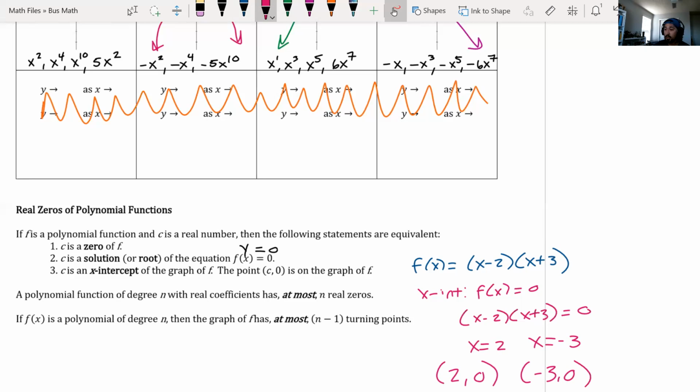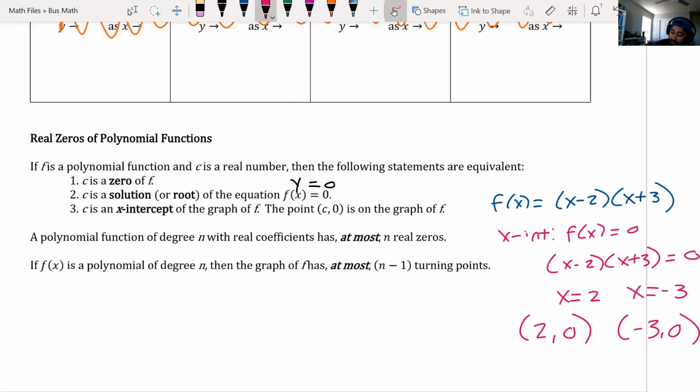Okay. And now the next definition says a polynomial function of degree n with real coefficients has at most n real zeros. So what this means is that whatever your exponent or degree is on the function tells you how many zeros you're going to have. So if I had the function x squared, this means I would have 2 zeros.